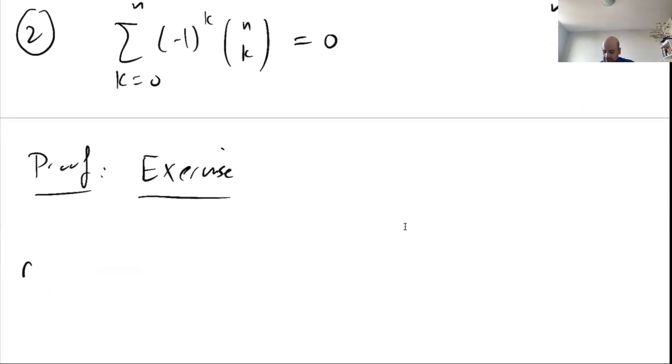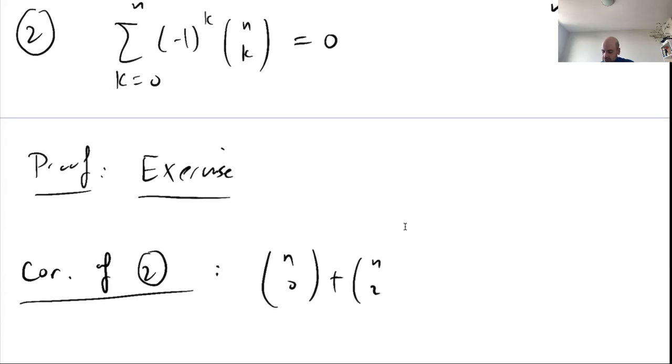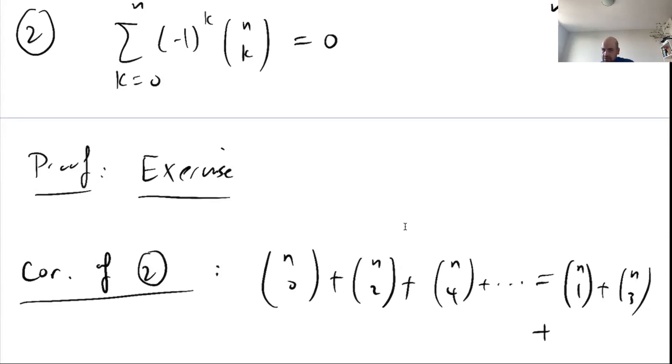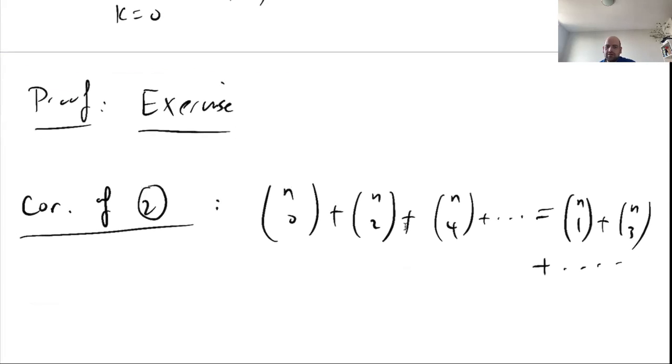So a corollary of property 2 is that we can say n choose 0 plus n choose 2 plus n choose 4 dot dot dot equals n choose 1 plus n choose 3 plus dot dot dot. So how can we prove this property?